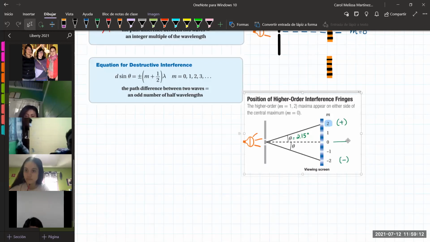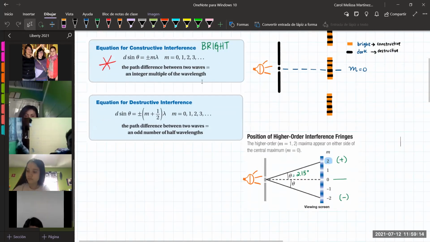That's why in the equation that we have here, you can see the two signs. Because it can be positive and negative, we're going to have the angle on the two sides of the principal axis. And now all we do is start working on the problem.